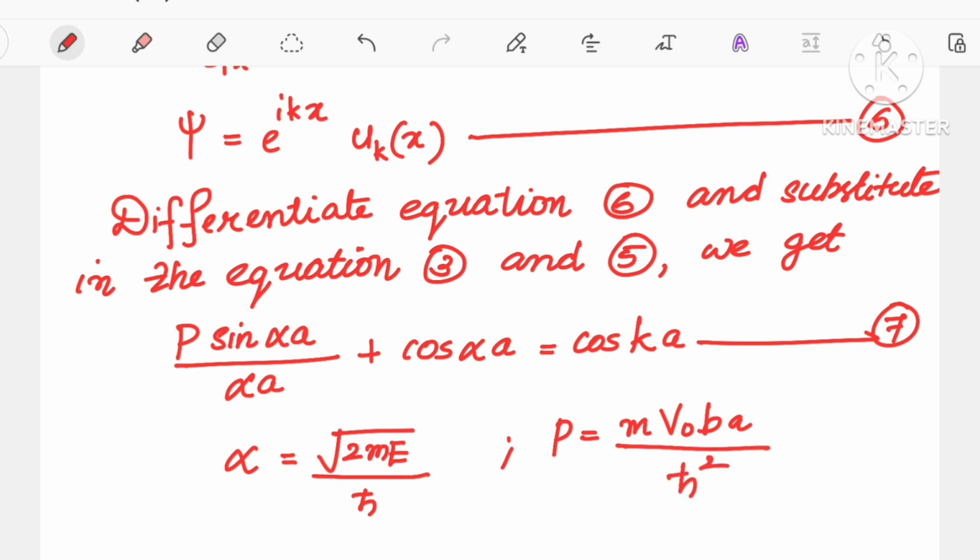Here P is the scattering power of the potential barrier. It is very important to remember the value of P, that is, the scattering power of the potential barrier.